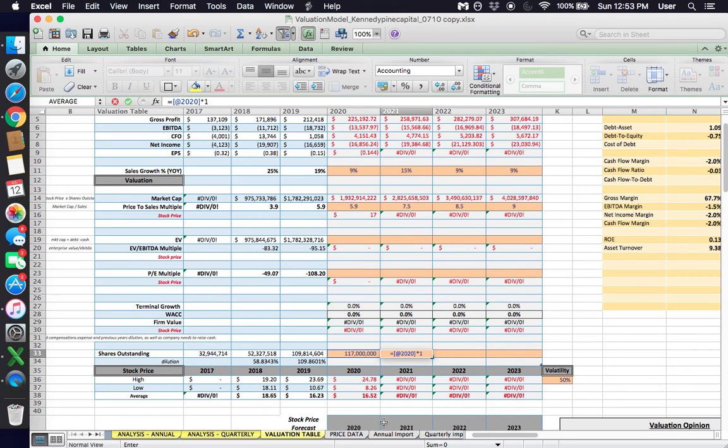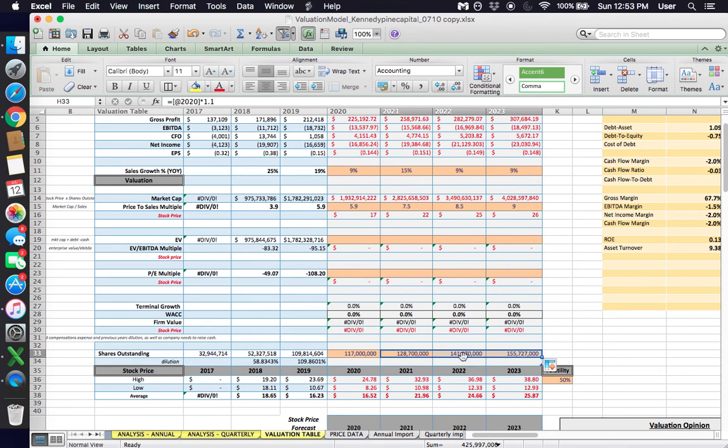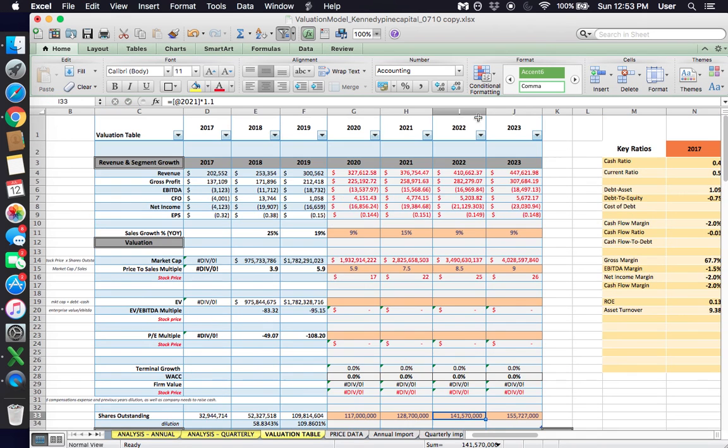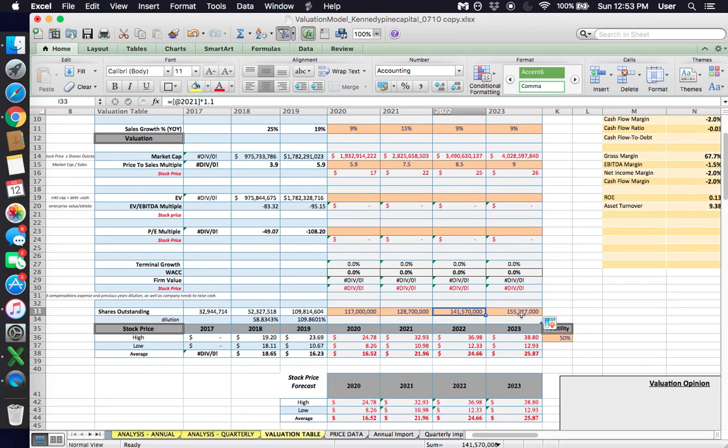If you wanted to be more conservative, you could even say 15%, but we'll do 10% growth in shares outstanding. So same thing, 10% growth in shares outstanding for this year and 10% growth this year, right? So we got our shares outstanding estimate.